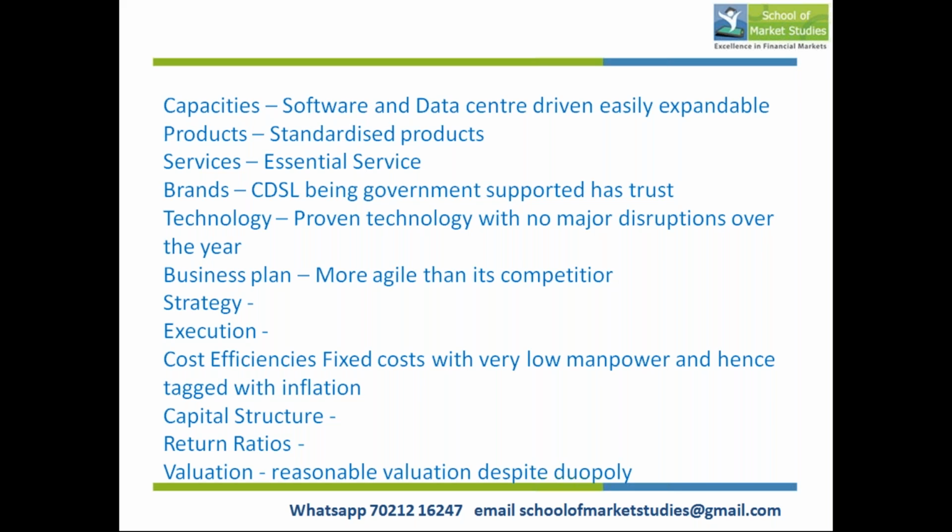So in the case of CDSL, the main thing is software requirements, software or the system potential for a breakdown. I think we are adequately capitalized on that, and data centers can be easily expanded. So there is not too much of deviation on that. It's not much of a concern.